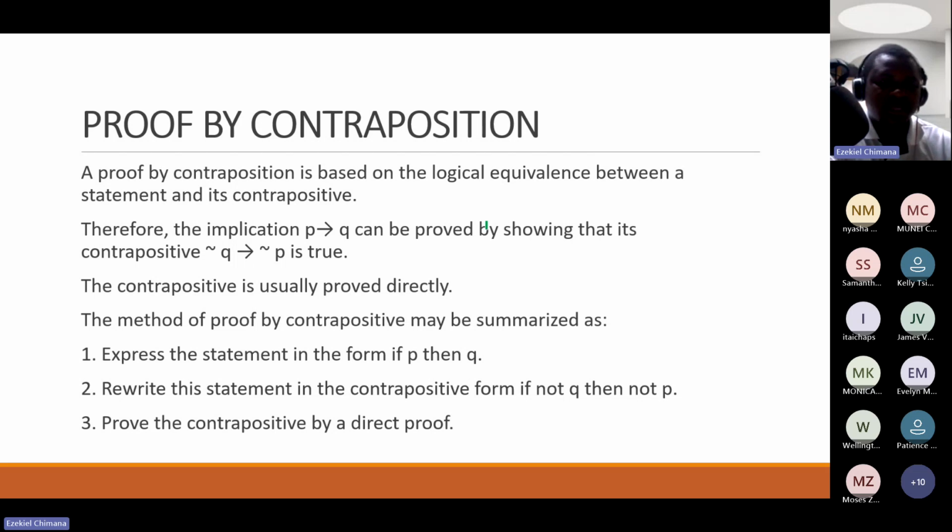So the contrapositive is usually proved directly. Only what you need to do is to find the equivalent contrapositive of a statement, and then you do a direct proof.